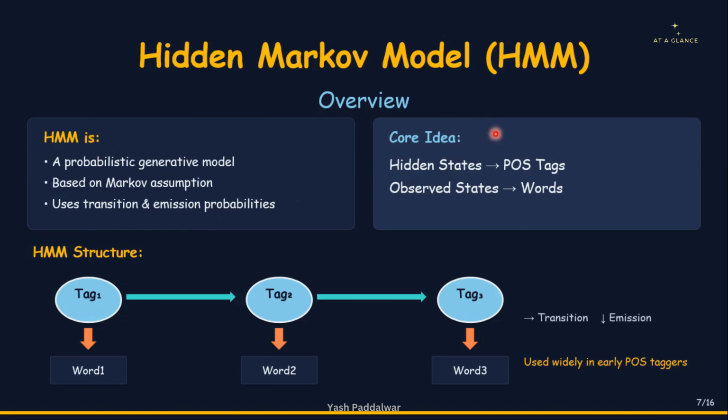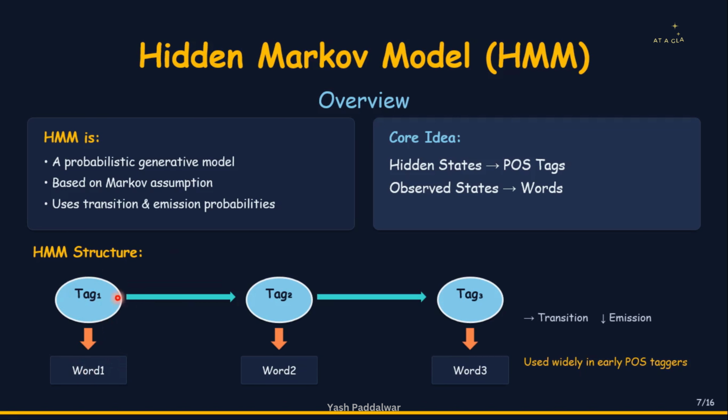It has a core idea like the hidden states. There are two types of states basically: hidden states and observed states. In hidden states, you will have the POS tags, that means the part of speech tags, and in the observed states, you will have the actual English words. A simple example of the HMM structure is like this: we have tag 1, and then we have the word for it.